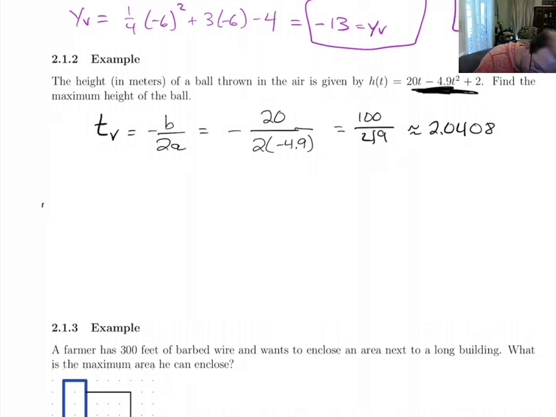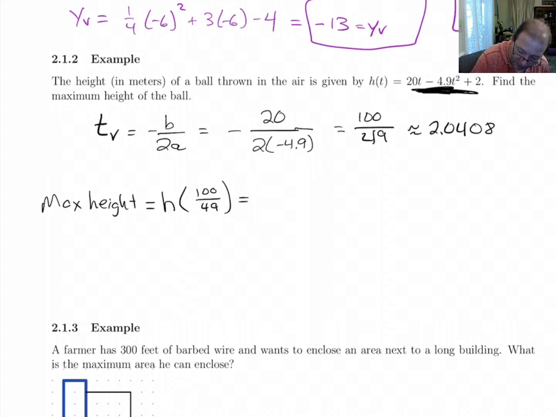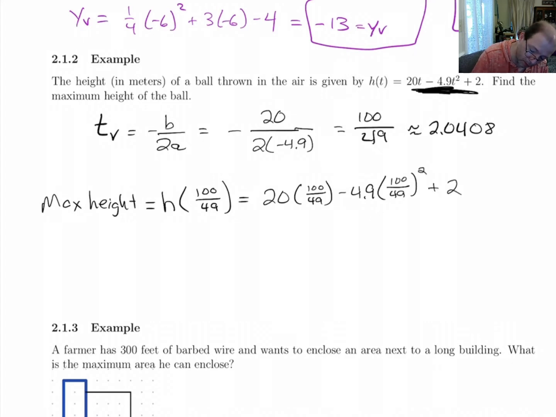So the max height is going to be h of that number. So it's going to be 20 times 100 over 49 minus 4.9 times 100 over 49 squared plus 2. The reason I'm using the fraction is because the fraction is exact. So I'm going to put that into my calculator now.